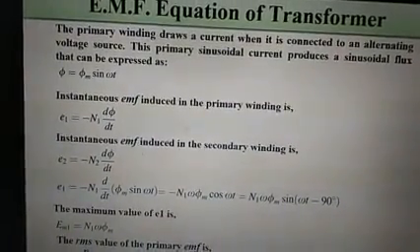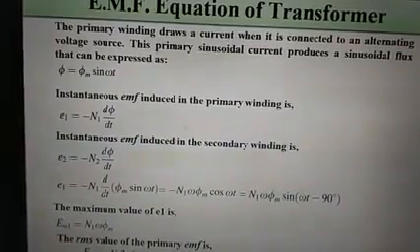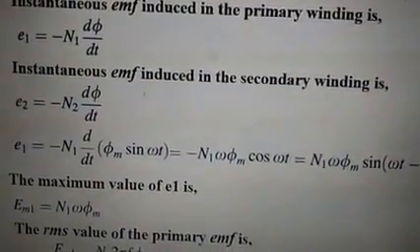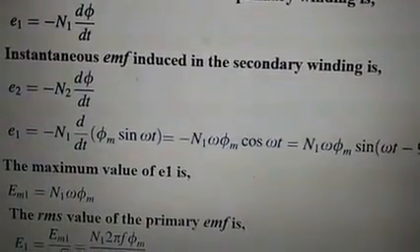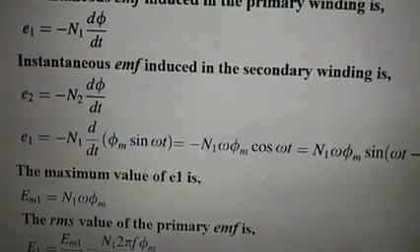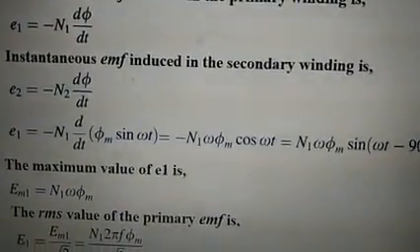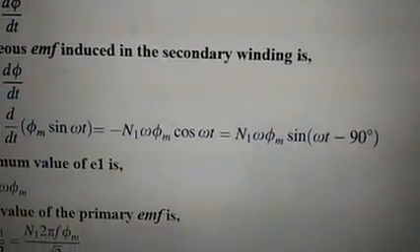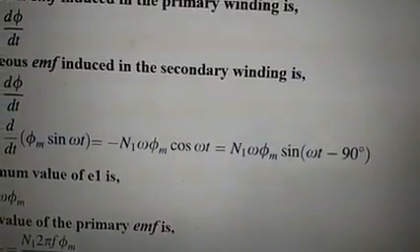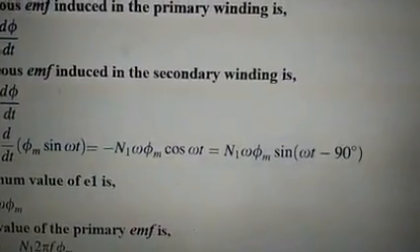Now put phi is equal to phi m sin omega t, you get E1 is equal to minus N1 d by dt of phi m sin omega t. On differentiating phi m sin omega t, you get minus N1 omega phi m cos omega t, or sin omega t minus 90 degrees.